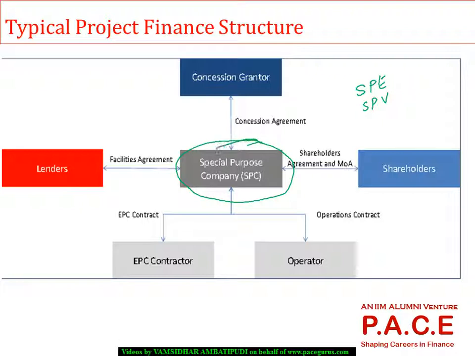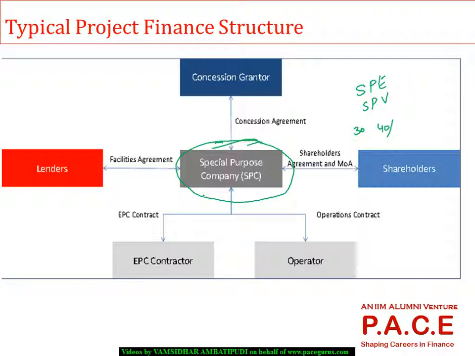It's not the sponsor company that gets into an agreement. It's that special purpose vehicle, which means that company is created exclusively for the purpose of executing that project. Because these projects typically have a very long-term life, a 30-year or 40-year kind of projects, this company is created exclusively to handle that project, and once that project is over, this company also gets closed down. So those kinds of companies are called special purpose vehicles or special purpose entities.